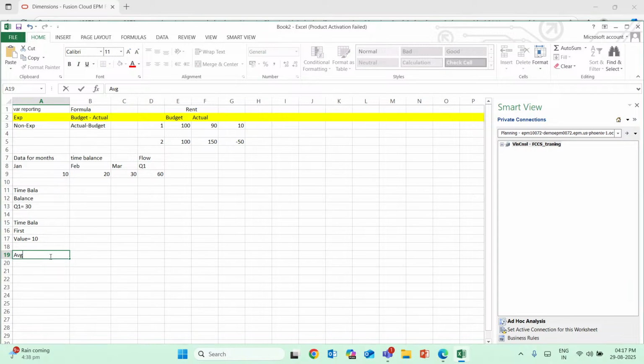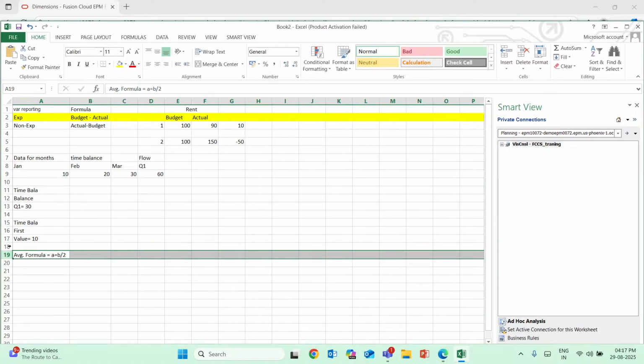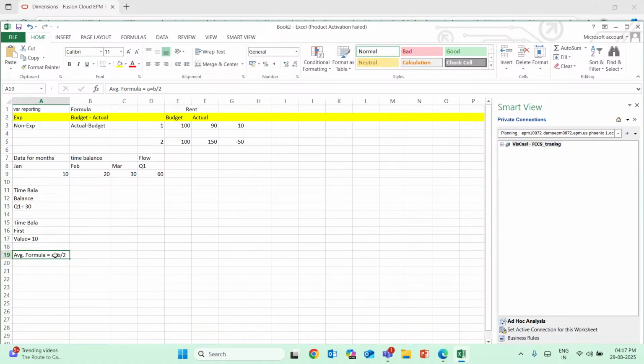The average formula would be the sum of 2, that is A plus B, divided by 2. So just simply averaging the figure. So for flow we use revenue and expenses, and for all the balance sheet accounts we take balance.